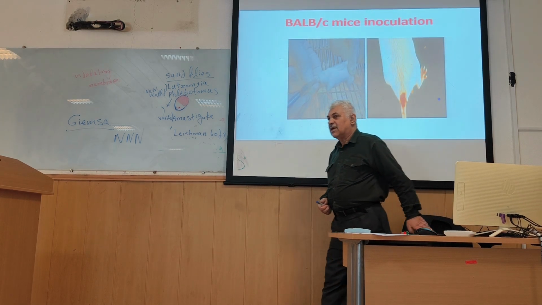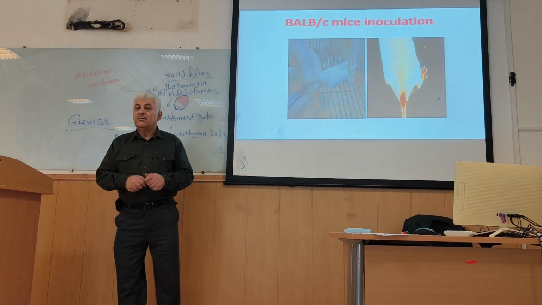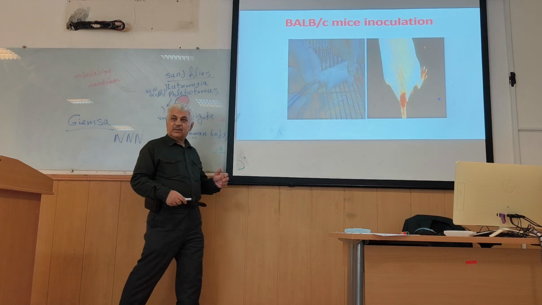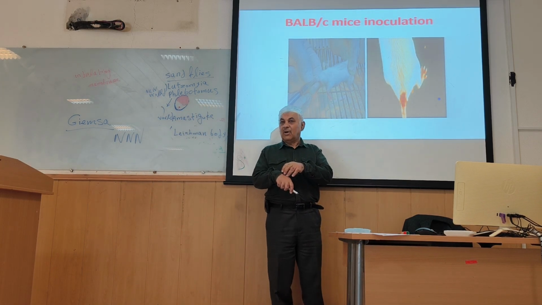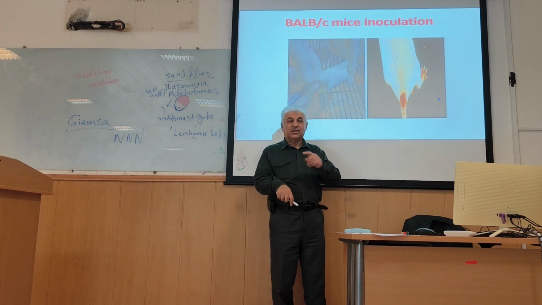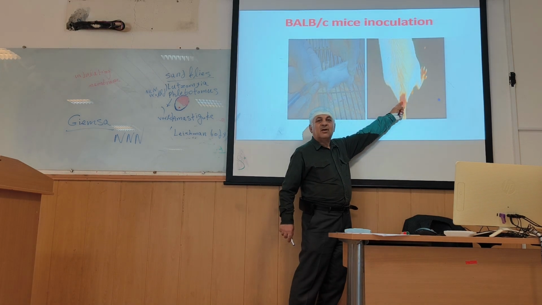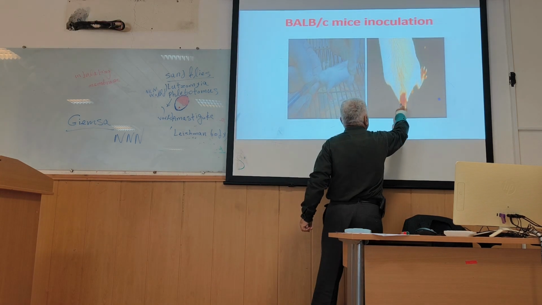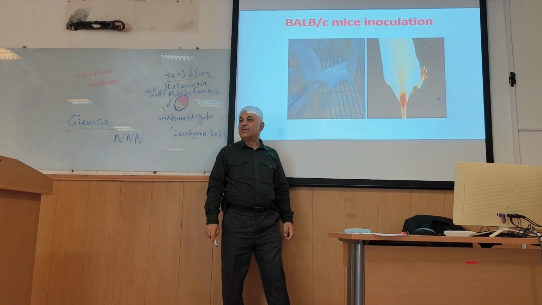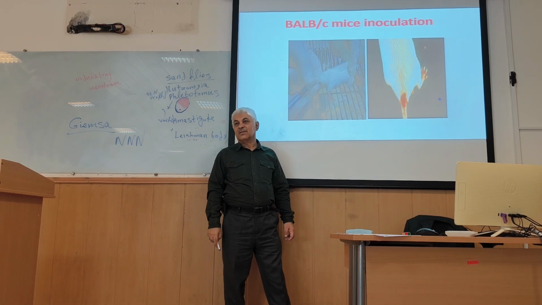As you see in this slide, we inoculate the material fluid from a CL patient at the base of the tail of the mice and produce a lesion after 2 or 3 weeks.